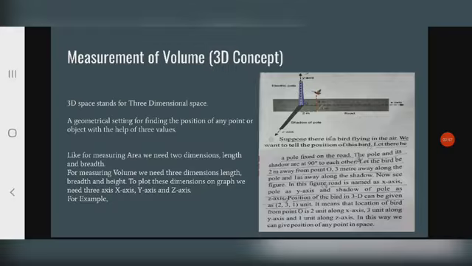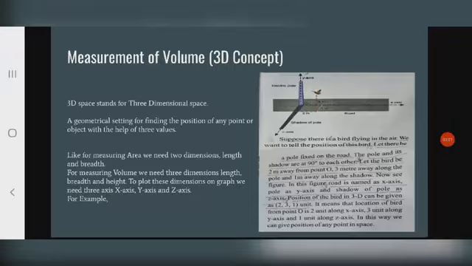So the position of the bird in 3D can be given as 2, that is 2 meters along the x-axis, that is along the road, 3 meters along the y-axis, that is away from the pole, and then 1 meter along the shadow, right, that is the z-axis.